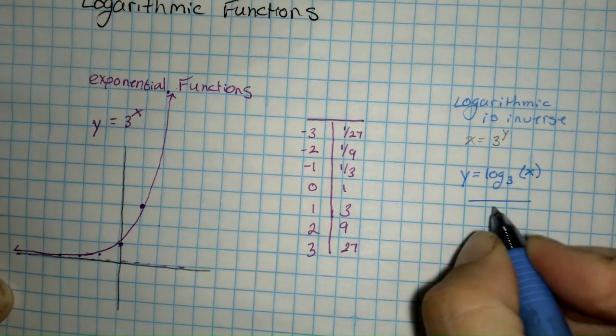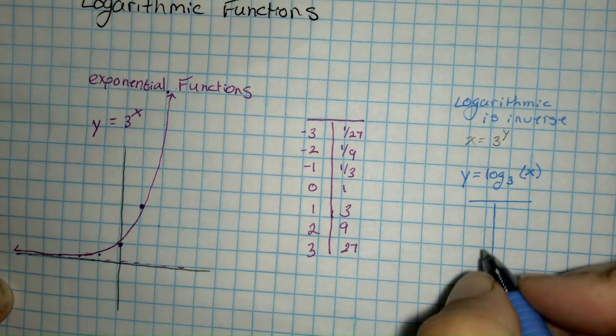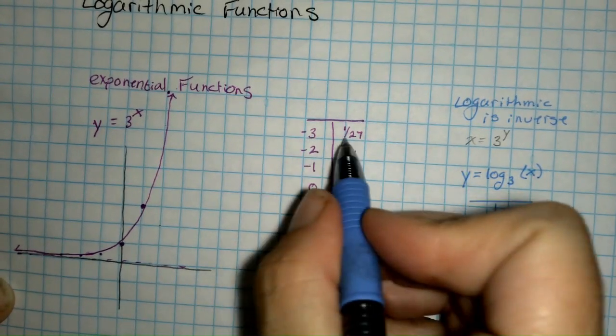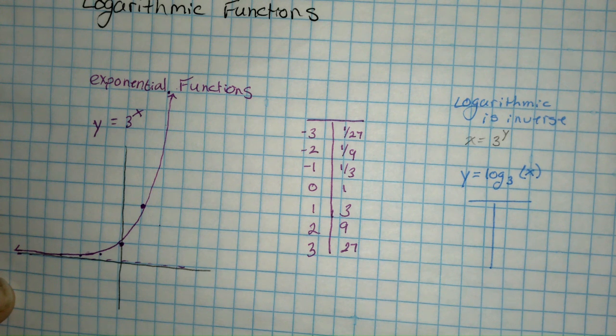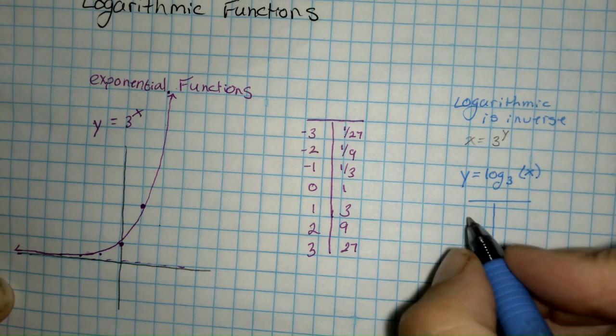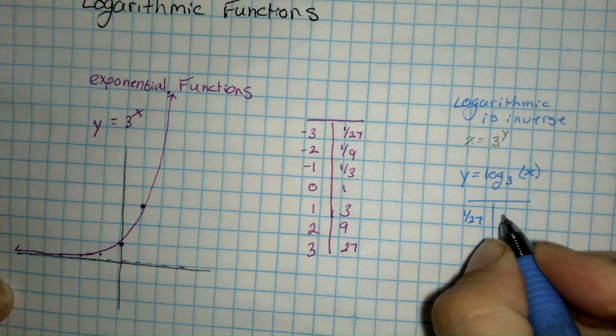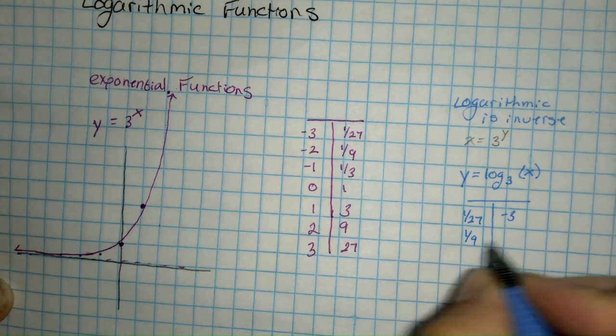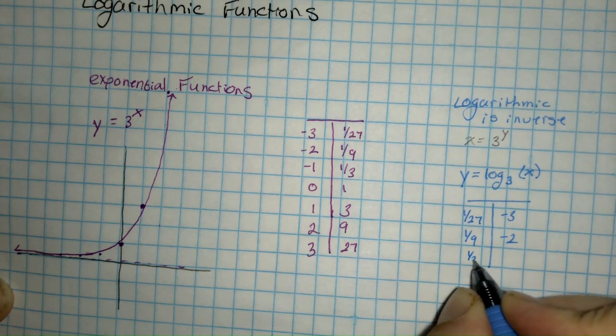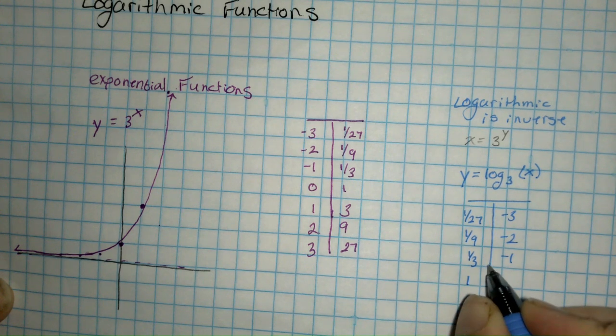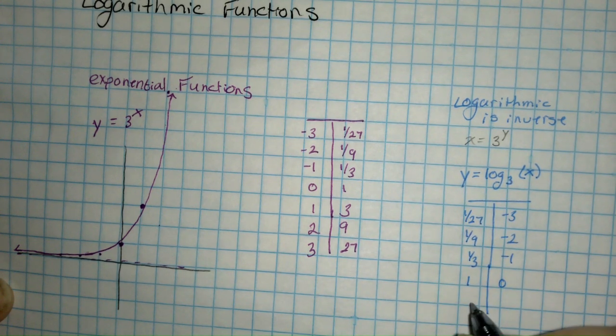And these ordered pairs are going to be backwards because we switched the x and y. We'll be switching the x and y, or inverting the exponential function. So 1/27th will be at negative 3, 1/9 will be at negative 2, 1/3 will be at negative 1, 1 will be at 0, 3 will be at 1, 9 will be at 2, and 27 will be at 3.